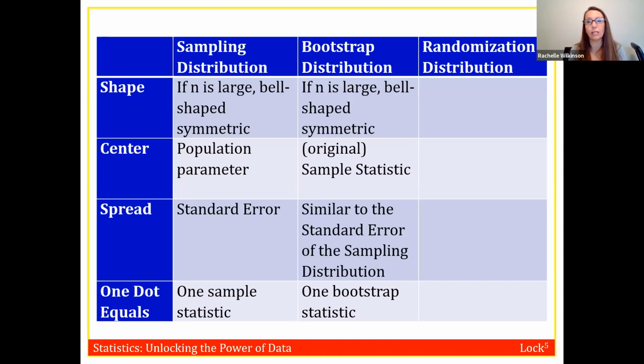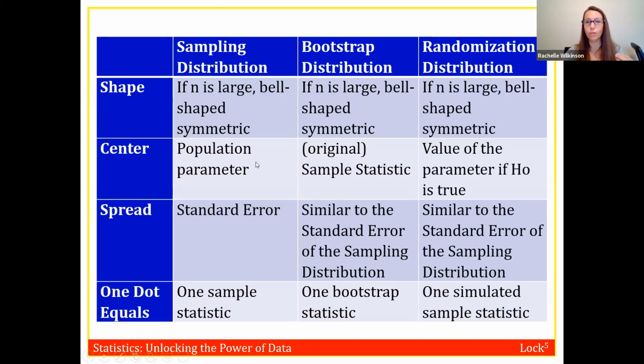That's really the key to a randomization distribution: we force the null hypothesis to be true, and then we simulate taking samples with the null hypothesis being true. So if the null hypothesis is forced to be true, then the center of our randomization distribution is going to be the value of the parameter if the null hypothesis is true.